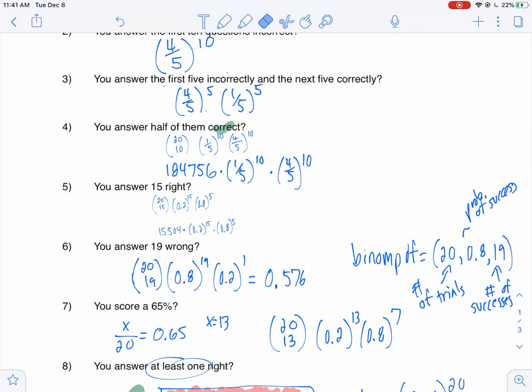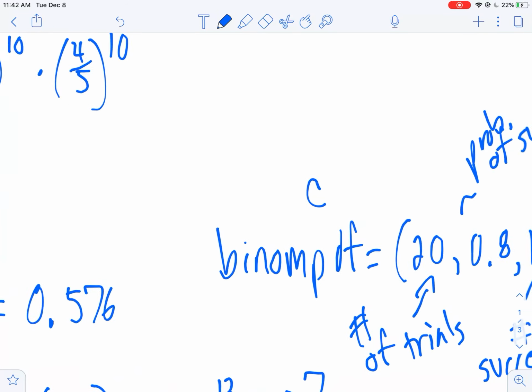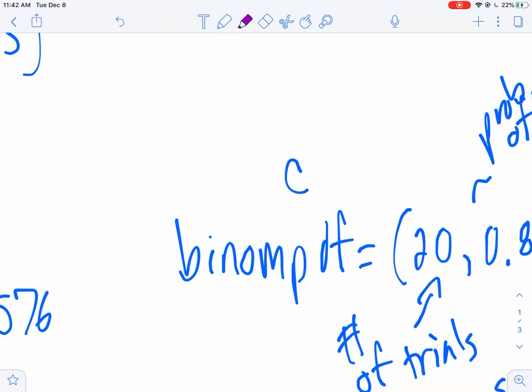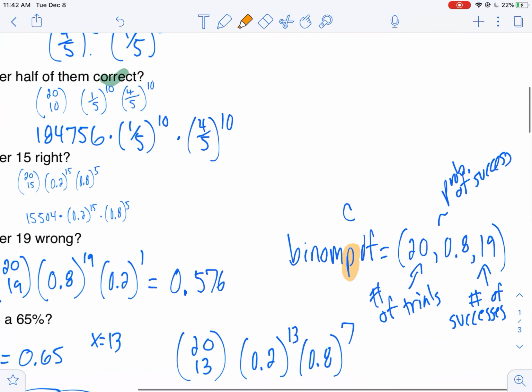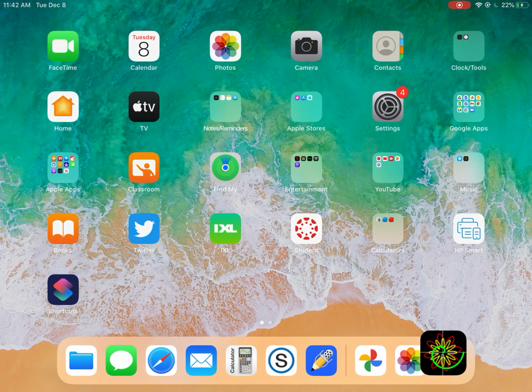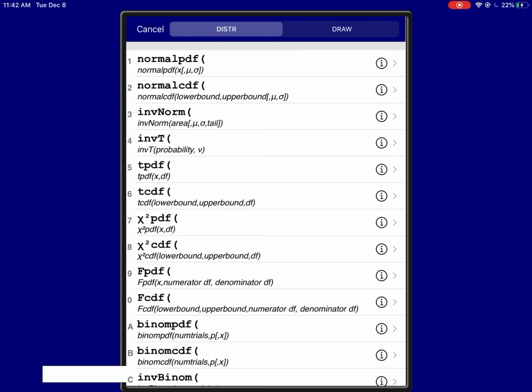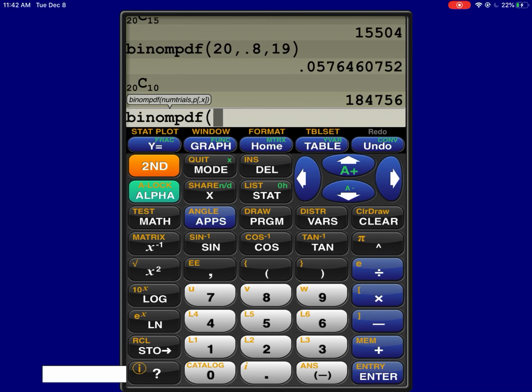Now the difference between binompdf and binomcdf: the C stands for cumulative. It starts at 0 and adds up every probability up until you tell it to stop, starting from 0. Binompdf, I like to think of as perfect, precise. It's only finding the one probability you're asking it, which in this case was that 19. So how do you find that? 2nd, Vars, go down to distributions, binompdf right here.